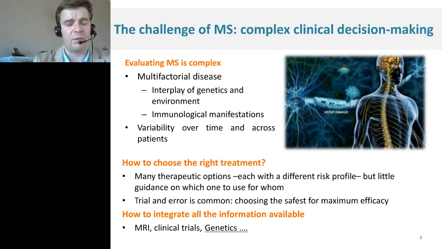Each of them has a different efficacy profile and also a different risk profile. And it's not that easy to say what is the recommended guidance and protocol. So what's happened is really kind of a trial and error process that is pretty common in MS, to try to find the safest drug with the maximum efficacy for a given patient.